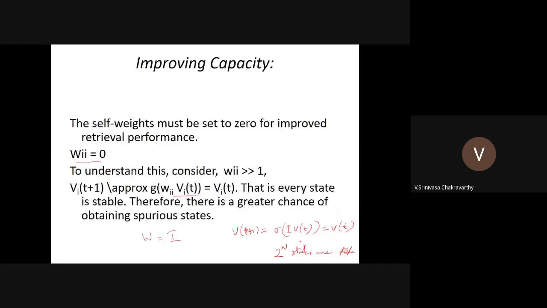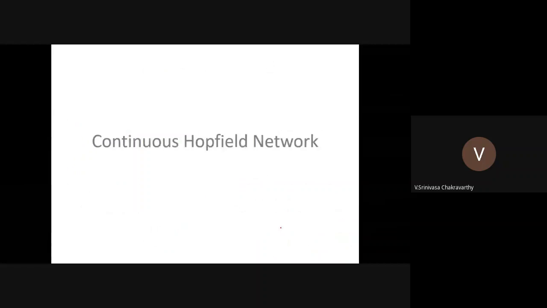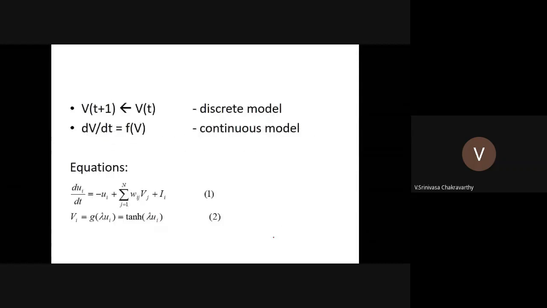That is some data about the original Hopfield network, which is a discrete Hopfield network. Hopfield also proposed a continuous version of it, because the discrete version is somewhat unrealistic, since time is a continuous quantity. So he proposed a continuous model in a subsequent paper in 84. Here the difference is that you have a neuron with an input and an output. In the discrete Hopfield network, the output is simply a function of the input.